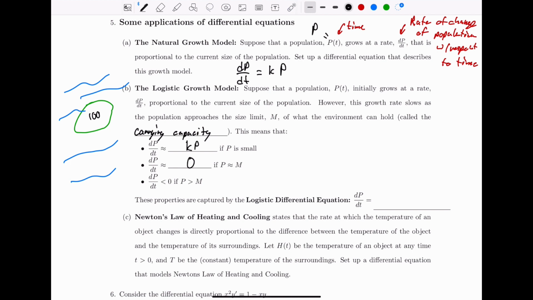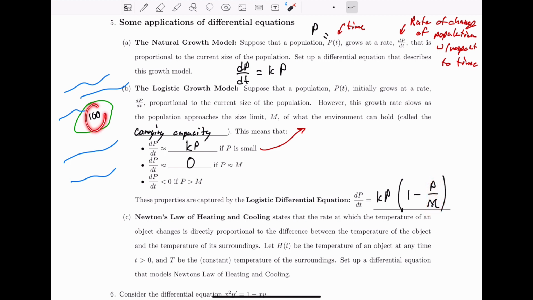dP/dt, that's the growth rate, is proportional to the population, but then we're going to multiply by a factor here to correct for the carrying capacity. We'll multiply by 1 minus P over M. And let's just imagine what happens here for these different scenarios. If P is small, then this fraction here, we have a small number over M. M is a constant.